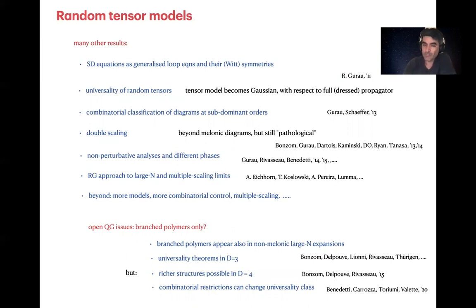For example, that some combinatorial restrictions seem to allow to change universality class, but also there are some constraints on, let's say, how happy we should be about these encouraging results.